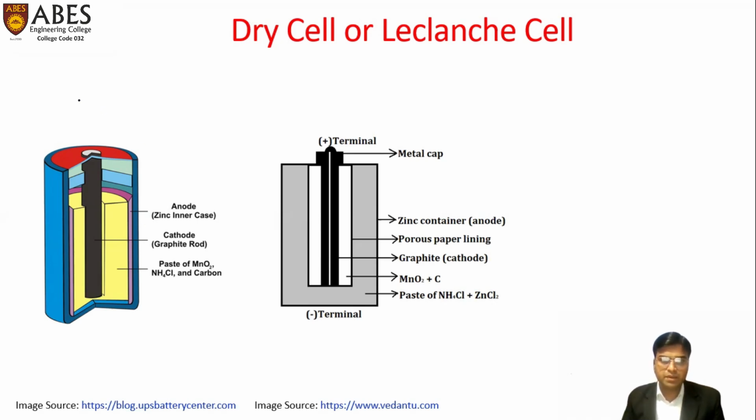The dry cell couple gives a voltage of almost 1.5 volt. Here the anode is zinc. The electrolyte is the paste of ammonium chloride, zinc chloride, and MnO2. And the cathode here is graphite rod.